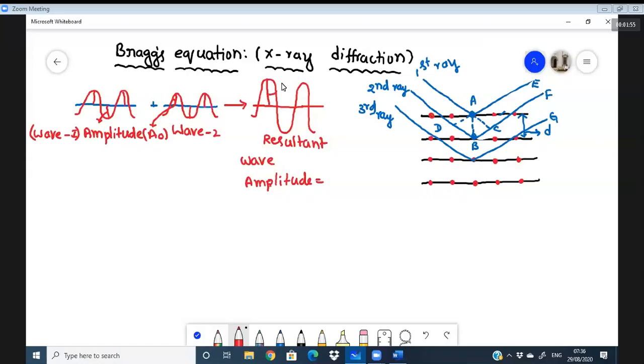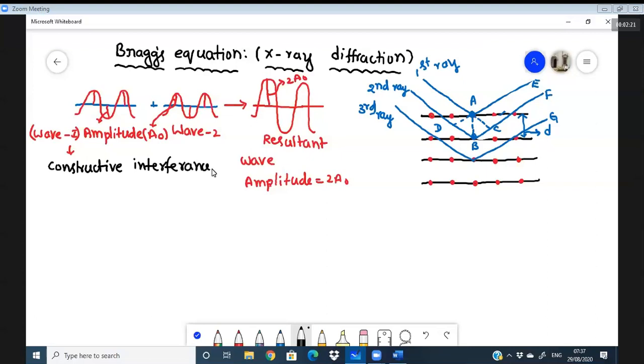This is also amplitude of the resultant wave 2A naught. Then this is called as constructive interference.